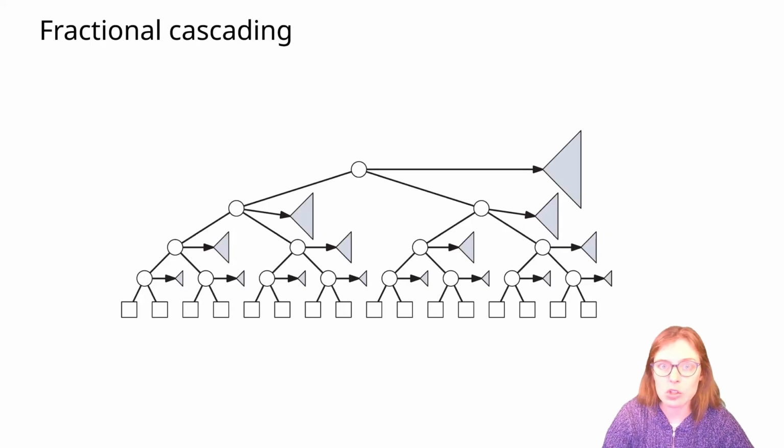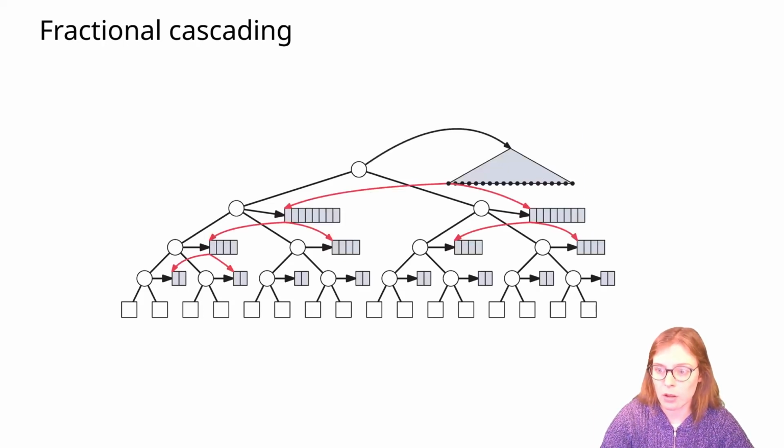To schematically visualize what we are doing, each of the associated search trees, except for the root one, we replace simply with a sorted list of points sorted by y coordinate.